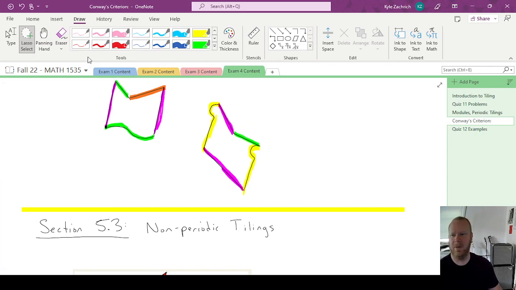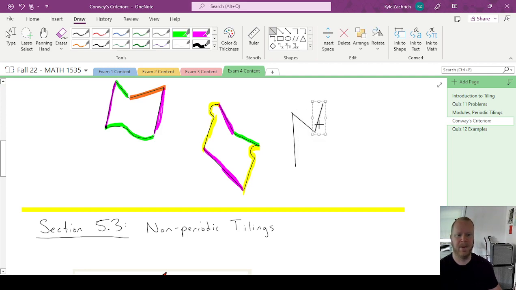Okay. One more quick example. So let's say I take 1, 2, 3, 4, and then I'm going to take this shape over here, 5, and then 6 over here.